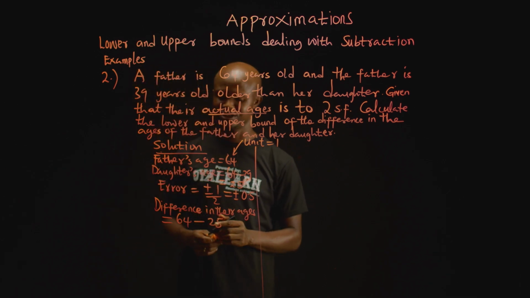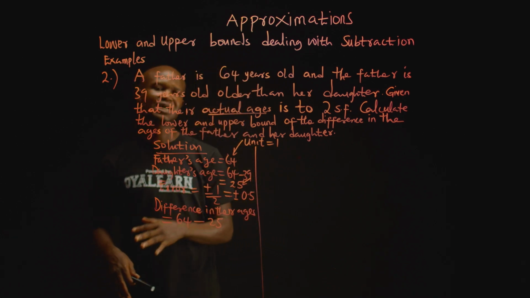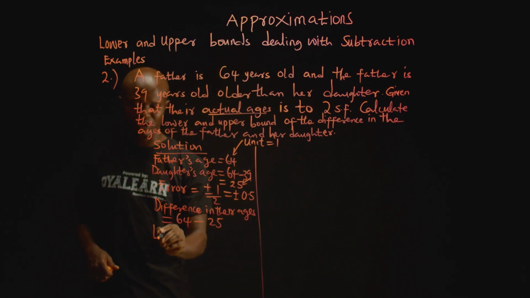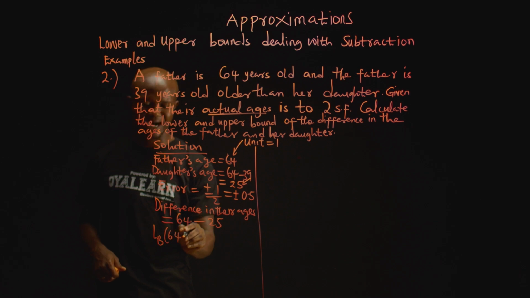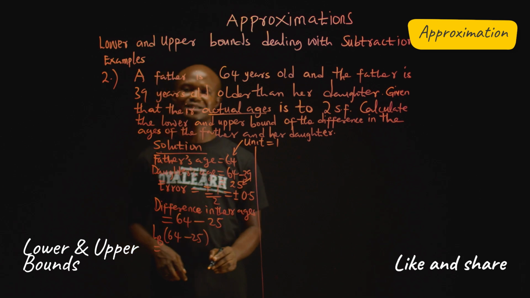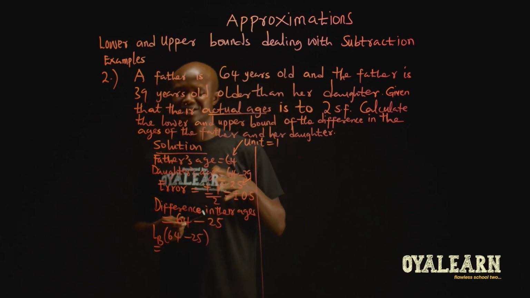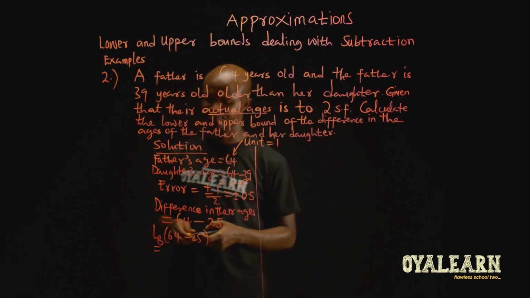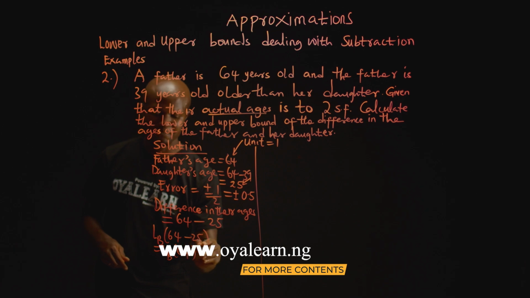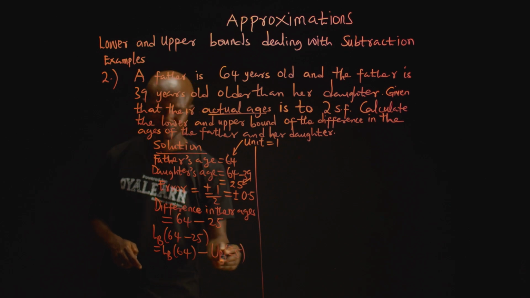That's the difference in their ages. So this is the calculation we are having now. We need to get the lower bound and the upper bound. So now, lower bound of 64 minus 25. This will give us, based on the rules of operation dealing with subtraction, lower bound of 64, then minus upper bound of 25.